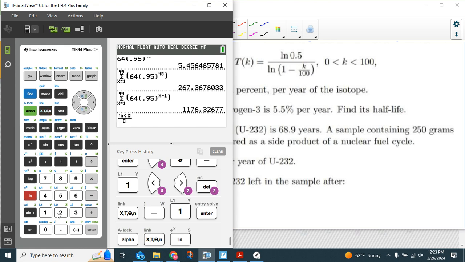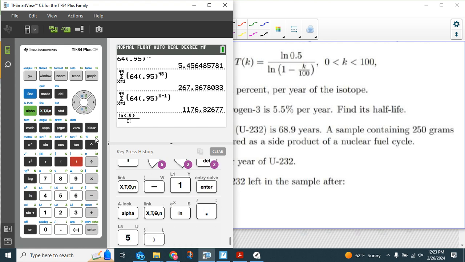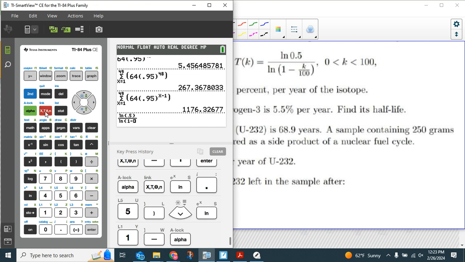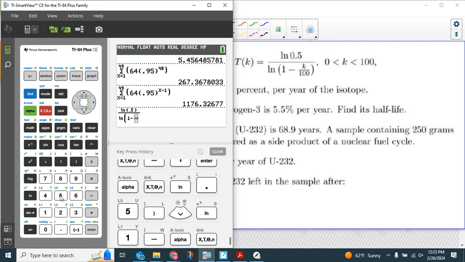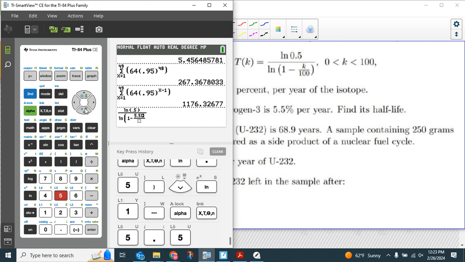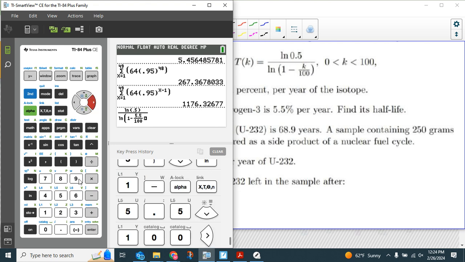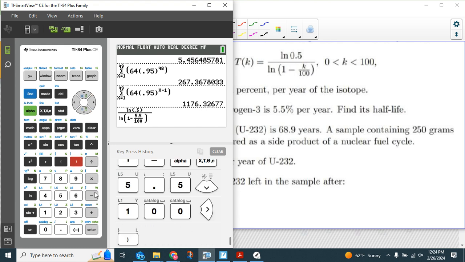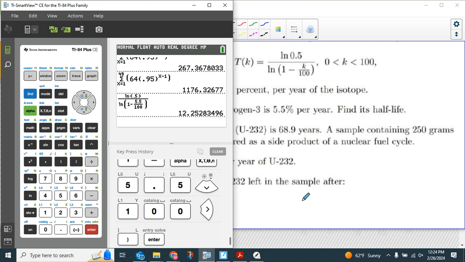So we will have ln of 0.5 over ln of 1 minus 5.5 over 100. Of course, you could have just put the 5.5 in as a decimal, same thing. All right, and bada bing. 12.2583496, of course, to 3 sig figs, we just say 12.3.